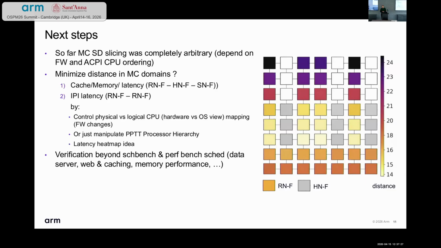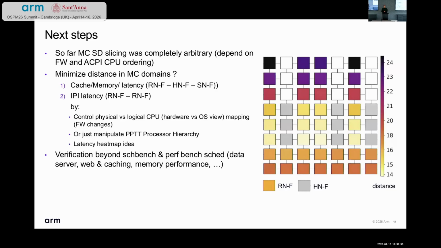I think I mentioned this already. Yeah, we can create this heat map by running small benchmarks to figure out what the cost is between those entities. I think people have done this already. There are papers out there for ARM servers that show this kind of thing.